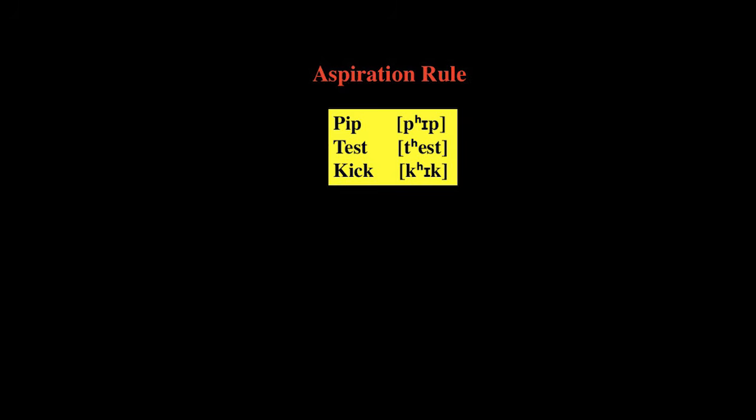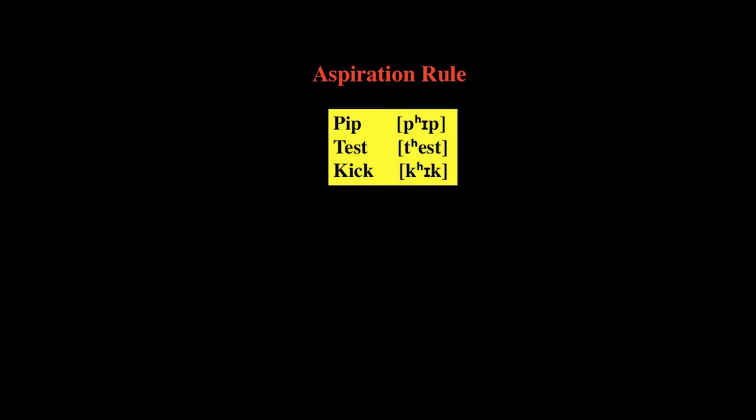Now let's start with the aspiration rule. Aspiration is a phonological process which is exactly about a secondary modification, a puff of air, which is a secondary modification that is superimposed on the primary articulation. For example, if we take these examples in front of you, pip, test, kick.